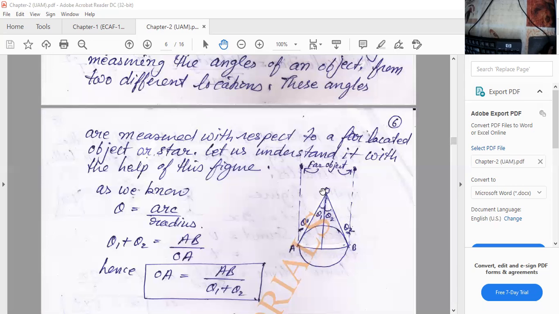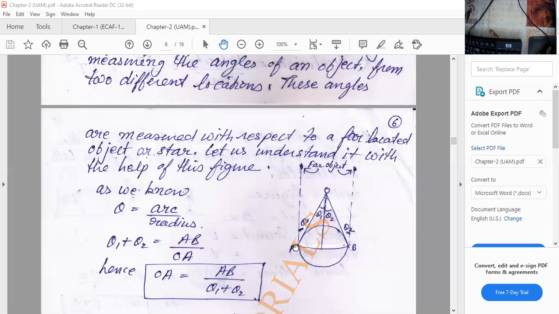We consider infinite or far objects, suppose a star. With respect to this far object, we measure the angle of O from point A. Let this angle be theta 1. If this angle is theta 1, this angle will also be theta 1, right?